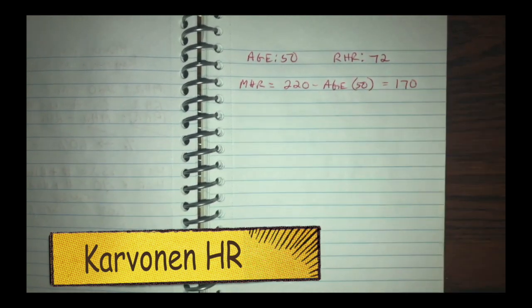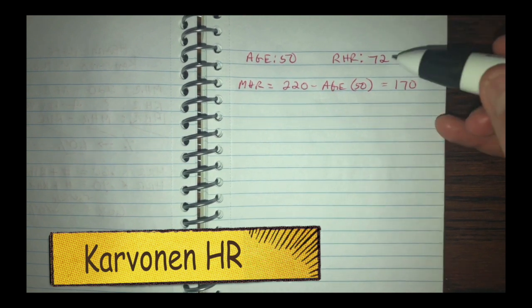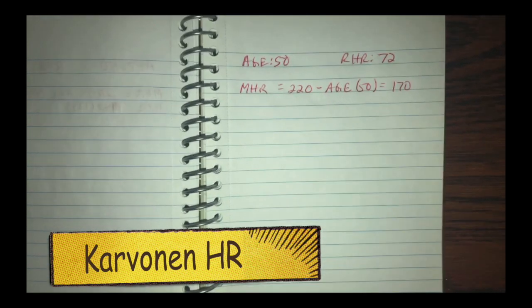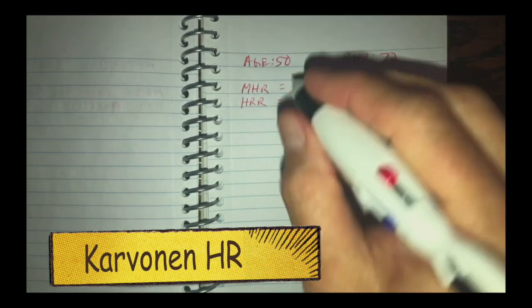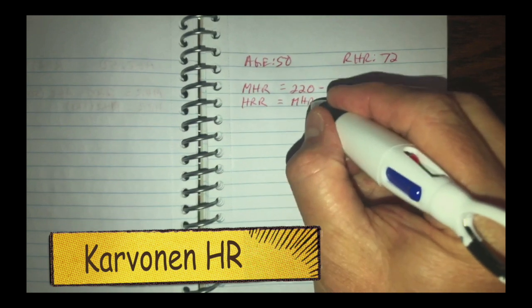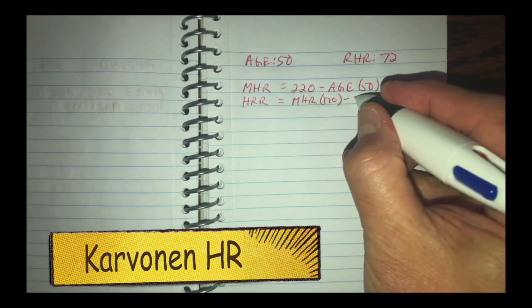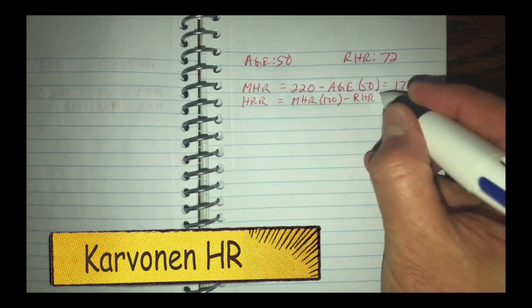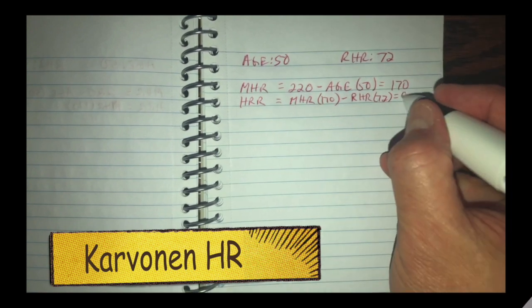Our next step is our resting heart rate, which we have. It is 72. Now we can go to the next step of finding the heart rate reserve, which is my maximum heart rate, 170, minus my resting heart rate, which is 72, which gives me a number of 98.